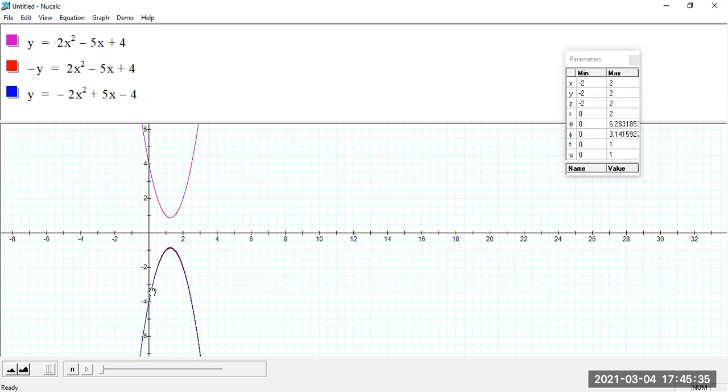Okay, now what happens if, on the other hand, we reflect that with respect to y-axis, and then we replace x by -x, right? We replace x by -x, and we come up with something that looks like this.